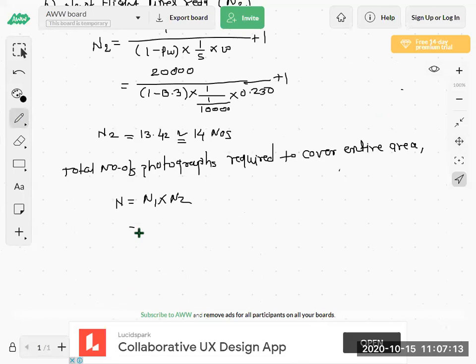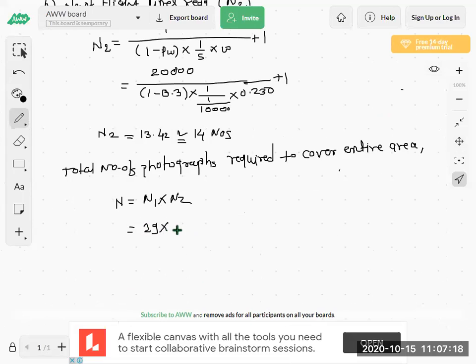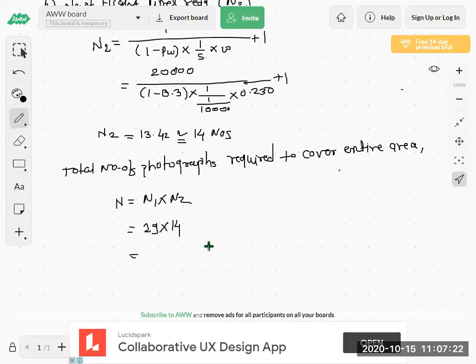How much is N1? N1 is 29 and N2 is 14. So do the calculations now.